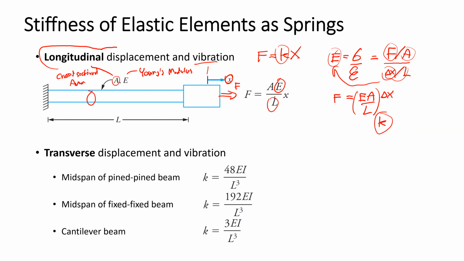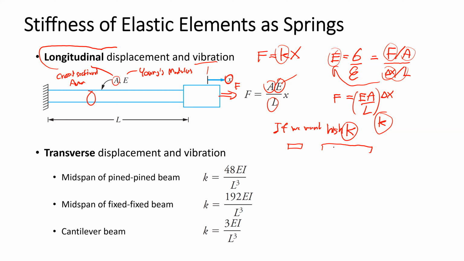If we have the same material, if we buy it from a store, one material has a constant Young modulus and may have a constant cross-sectional area. Do you have any idea if we want a higher stiffness? If we want high K, do you think we should cut the spring to be short or long?